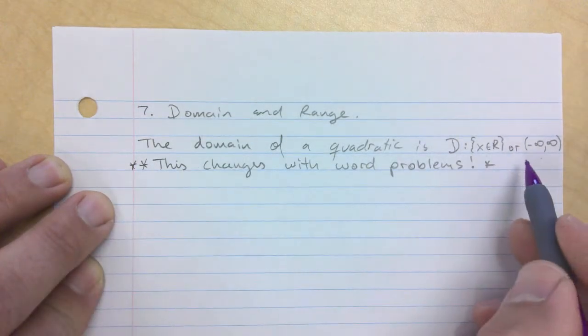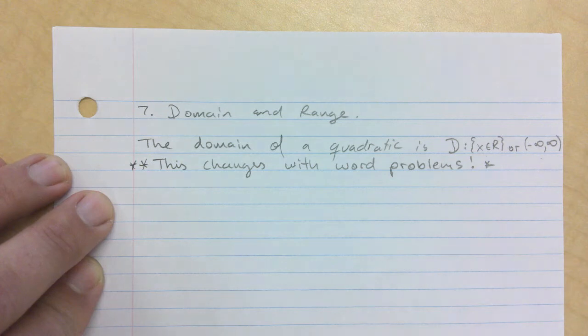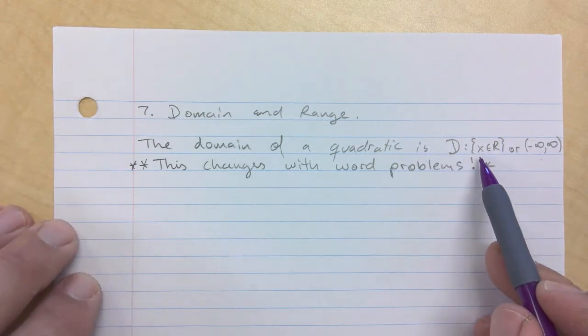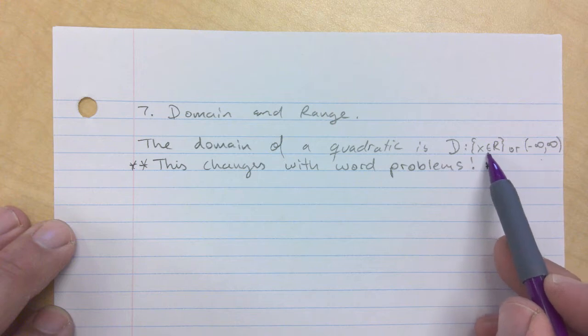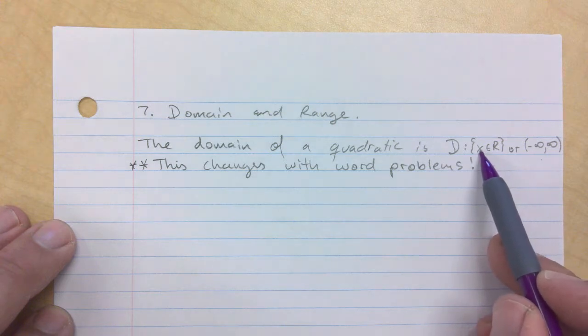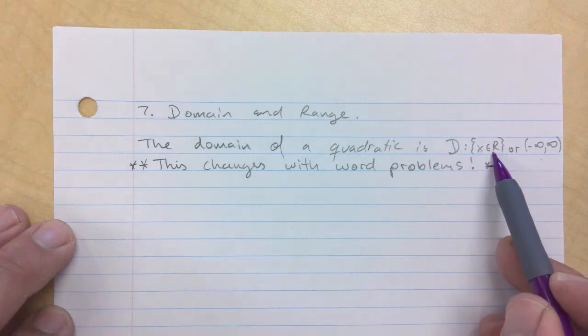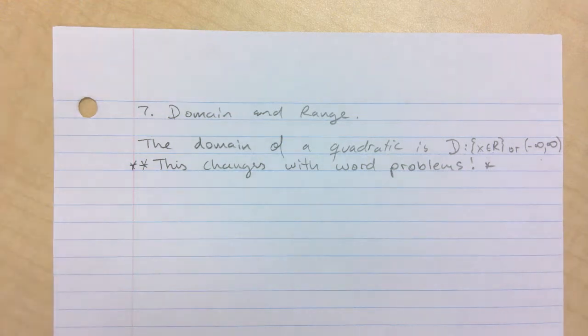So this is only the case if I just give you a graph and you see arrowheads on both ends of the arms. Then yes, you can say that the domain, just to clarify, means that all x values are permissible, like all values in the real numbers, or negative infinity to positive infinity.